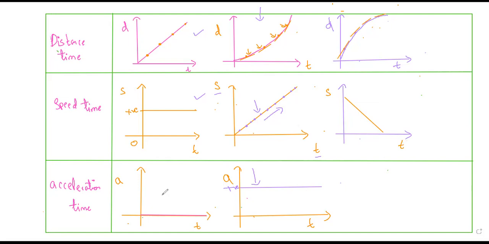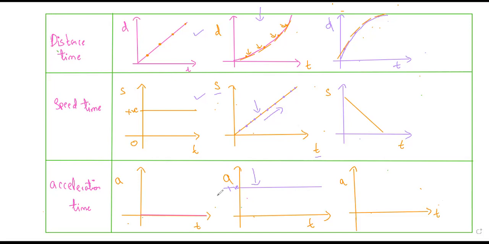Okay, and what do you think about the acceleration time graph now? Would it be a straight line, just straight, but in a negative number, so underneath 0?